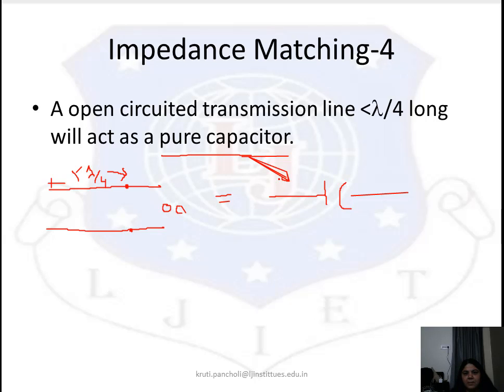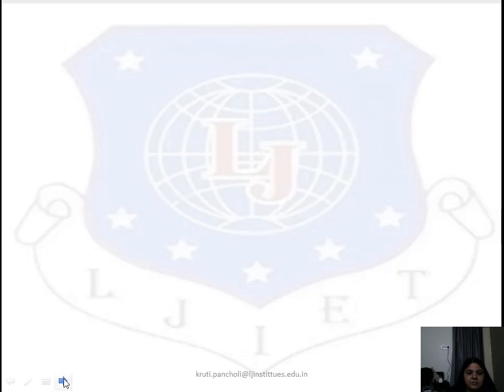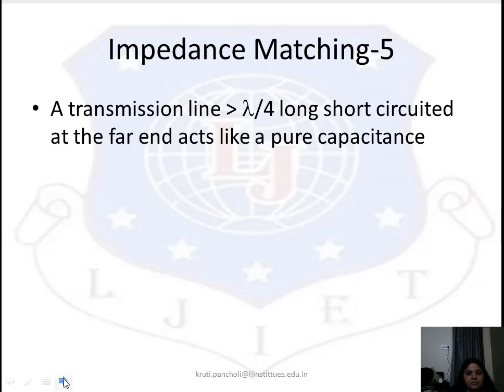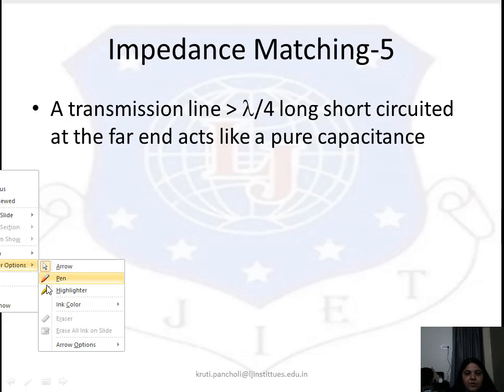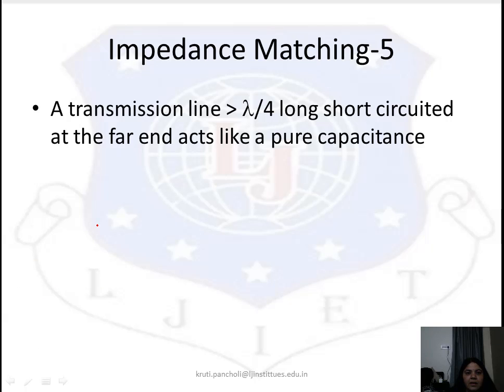Next, impedance matching 5. A transmission line greater than lambda by 4 long, short circuited at the far end, looks like a pure capacitance. So this is the transmission line.